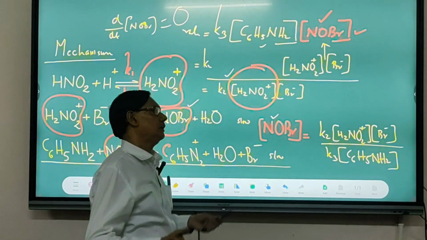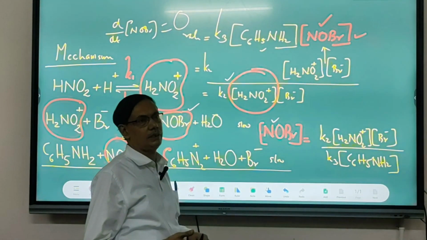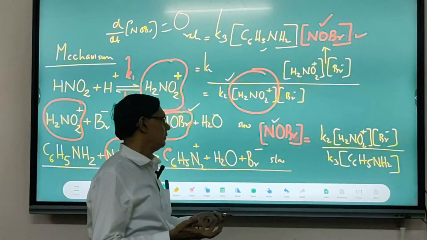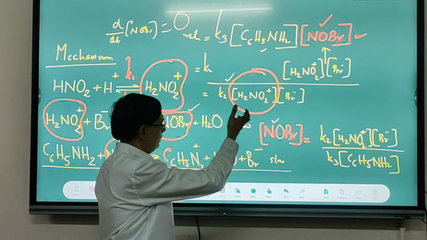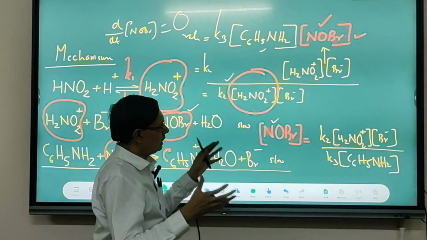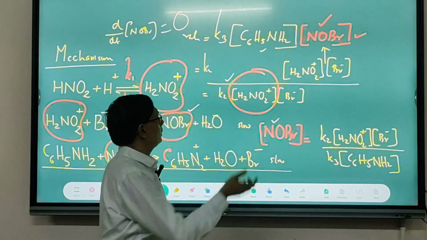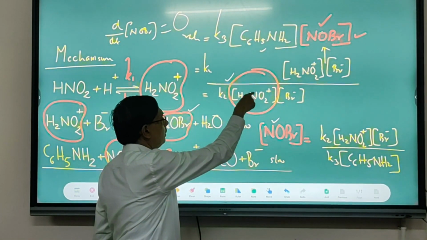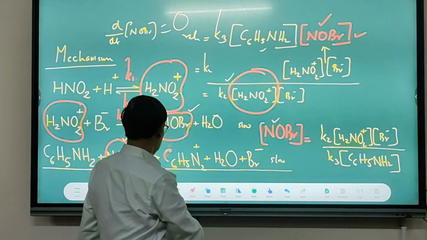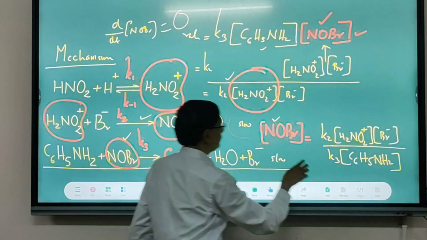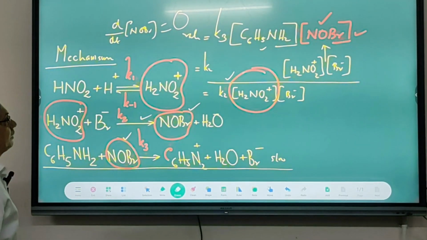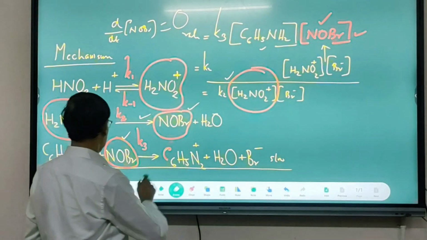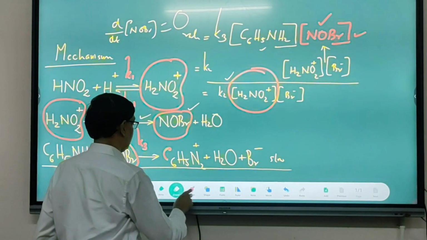There are so many examples available in the various books of physical chemistry, such as the decomposition of N2O5, but I am taking an example where there are two intermediates. So the last step is the elimination of this H2NO2. So let me erase this part also.